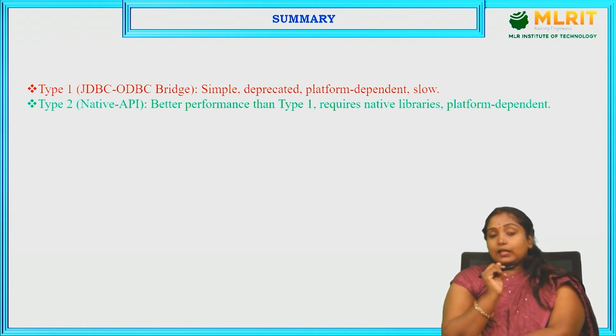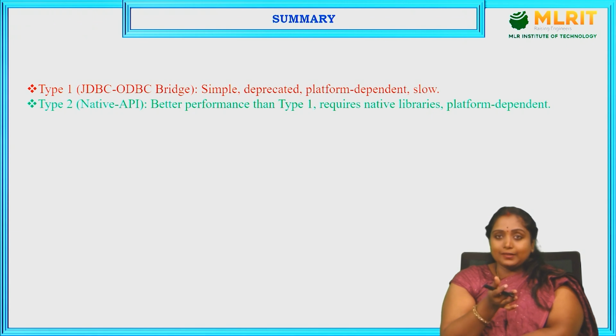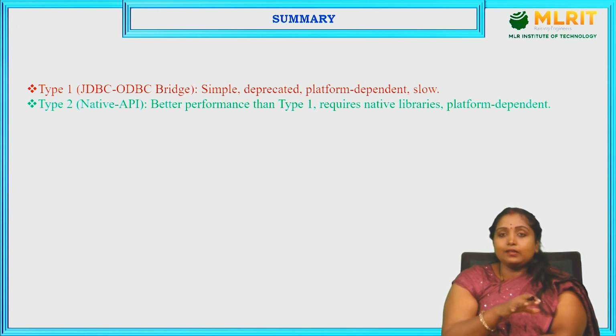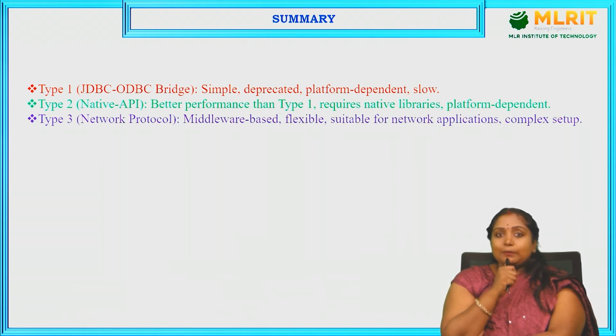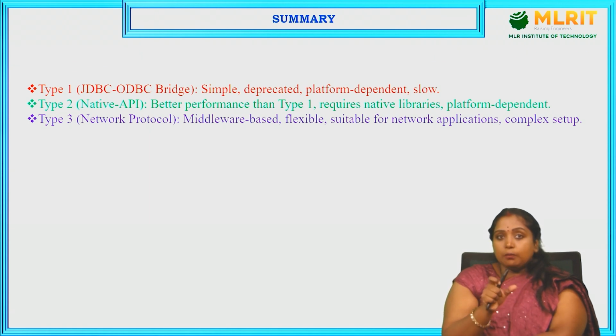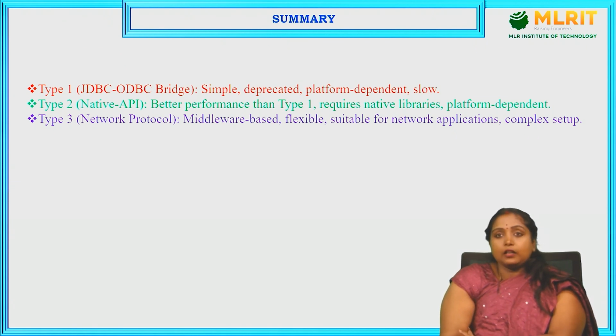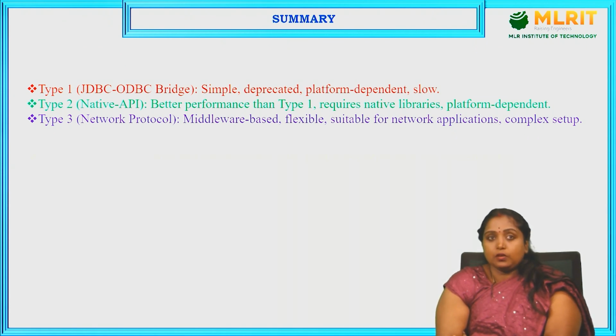It gives better performance than type 1, but it requires native libraries and is also platform dependent. Coming to type 3, network protocol, this is related to middleware, and it's flexible and suits network applications, but it has a complex setup and complex maintenance of the middleware.